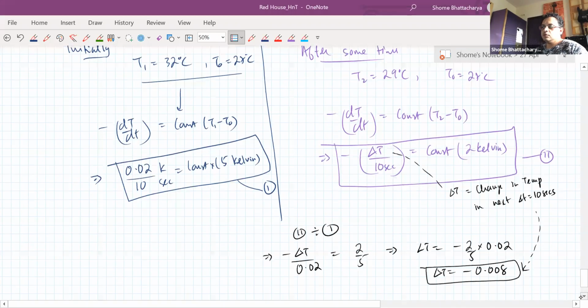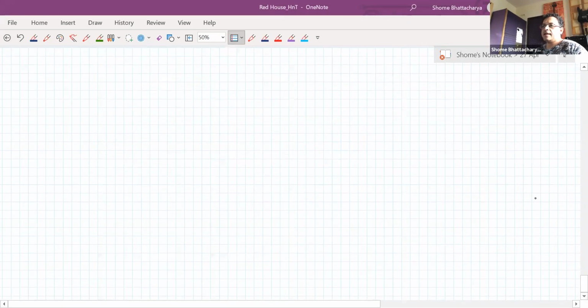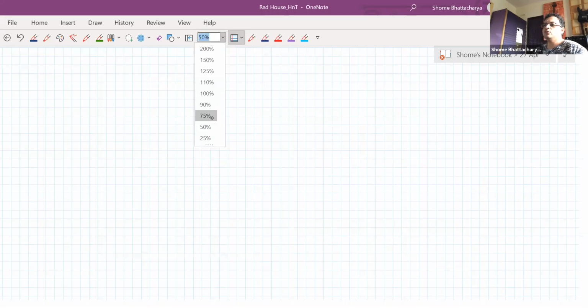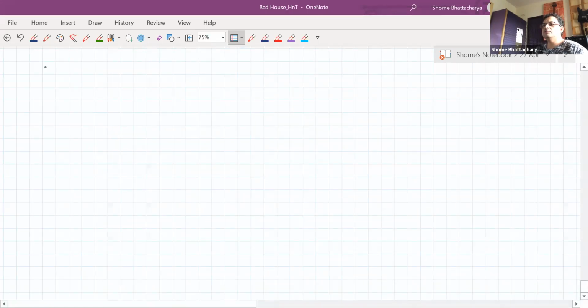Okay, now next we will look at the actual variation of temperature over a long period of time, how it happens. But before that, we will just understand one more thing about the same problem.